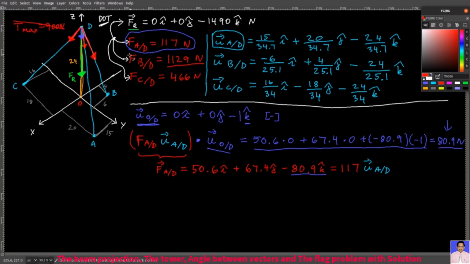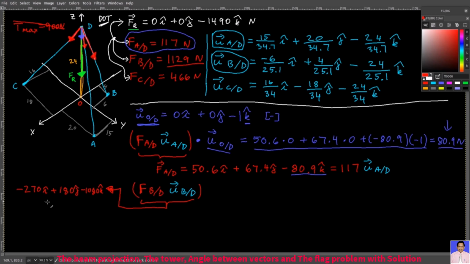Let's do the same thing with this force, Fb/d. I multiply its magnitude by this general unit vector, which is this one here, and which points in the same direction as this FBD vector. So with that, I decompose this vector into its i, j, and k components.